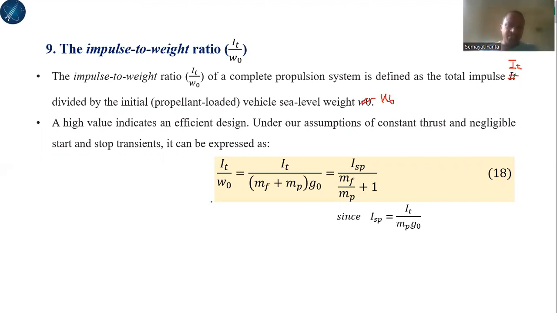That means IT over W naught, where W naught is the mass of propellant plus final mass, which gives us ISP over MP plus 1. This is a general representation because ISP is equal to IT over MP G naught.